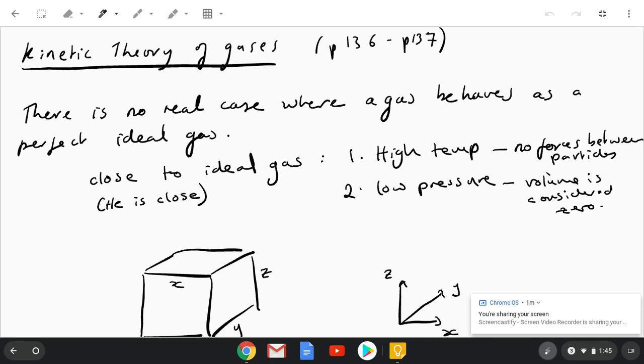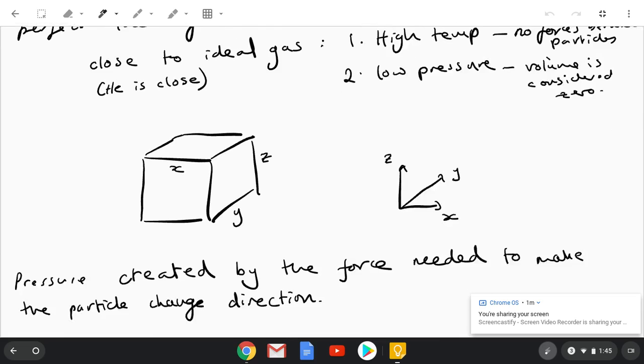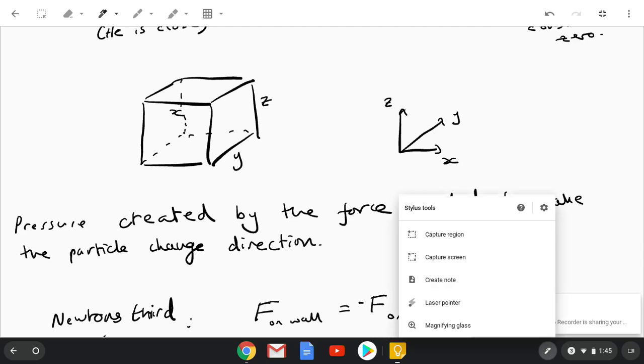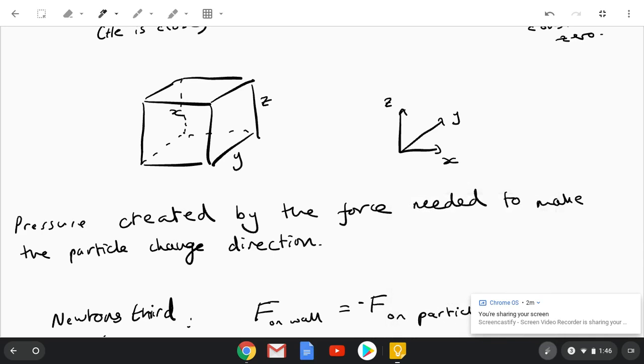Now, at the beginning of this lesson, we are going to look at gases moving in a simple situation in a box. Let's say it's a cube, and the distances x, y, and z are exactly the same.